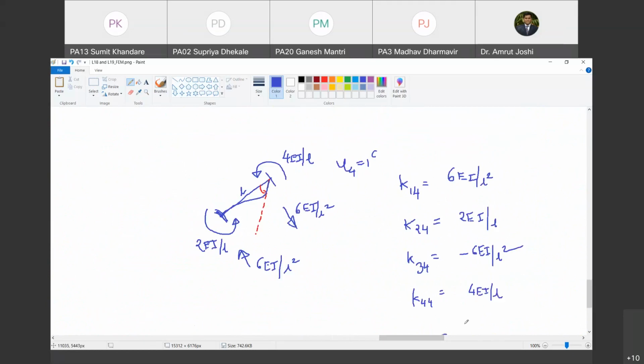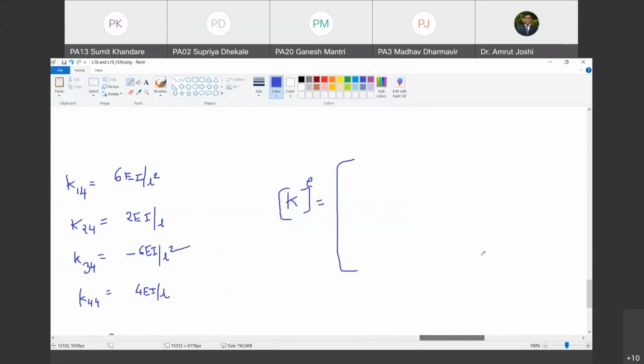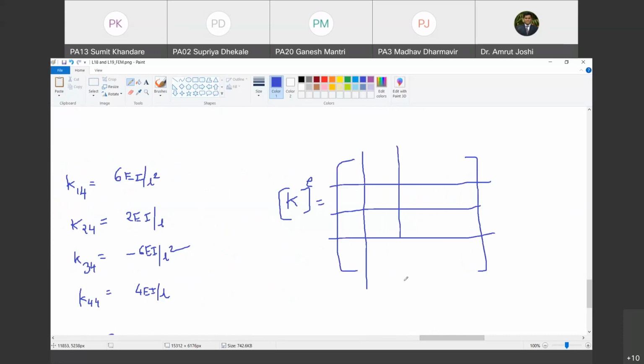Happy? Yes, sir. So have we now generated the element stiffness matrix? Answer is yes. What is the element stiffness matrix? It is a 4 cross 4 matrix. Happy? Yes, sir. 1, 2, 3 and 4. This is U1, U2, U3, U4, the elemental degrees of freedom.